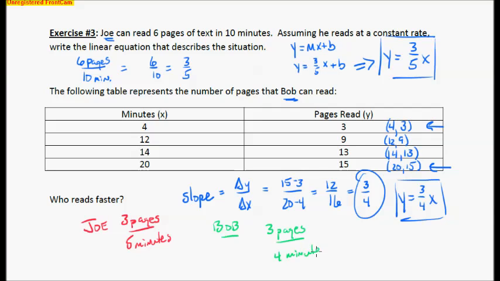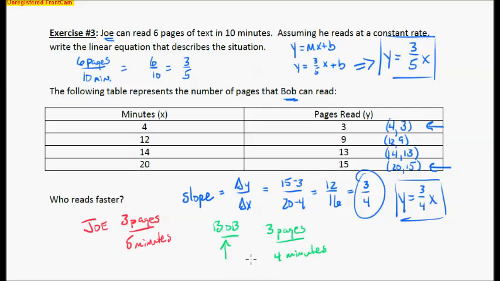Now, if you have to, you could divide those two and see which decimal is greater, but I think it's pretty obvious if you look at this. He can read 3 pages in 5 minutes. Well, he can read 3 pages in just 4 minutes. So obviously, that is moving faster. So Bob reads at the faster rate.